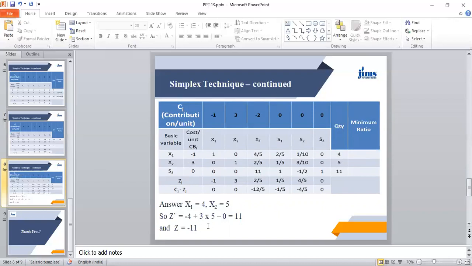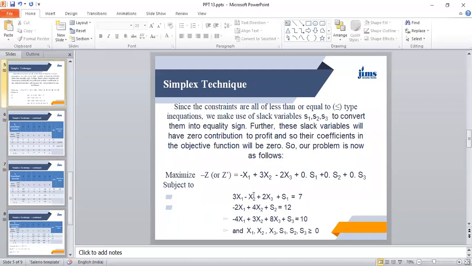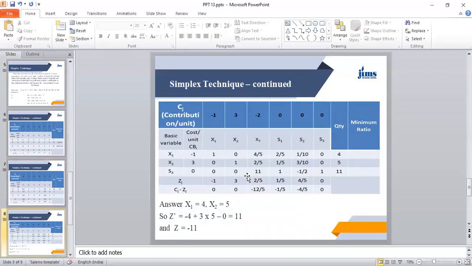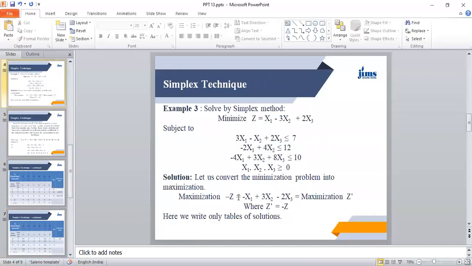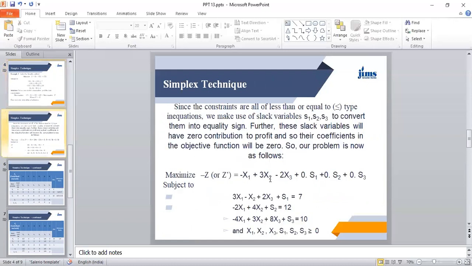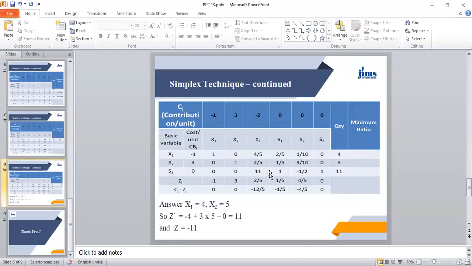So z prime is equal to what? Z prime is minus x1 plus 3x2. Minus x1 is minus 4, plus 3 into x2, where x2 is equal to 5.